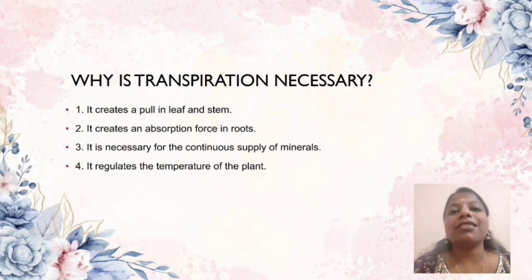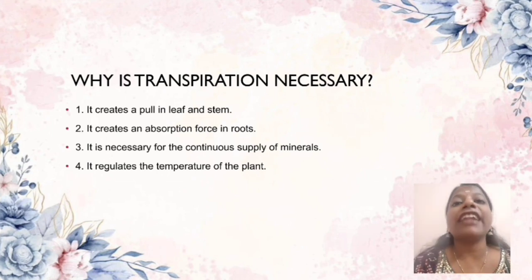Because it creates the pull in the stem and leaf, it creates absorption in the root, and it also helps in supplying nutrition and in the regulation of temperature. Without this, if the temperature increases or decreases, the plant will die. So it regulates the temperature and supplies nutrition, so it is very important for a plant to survive.